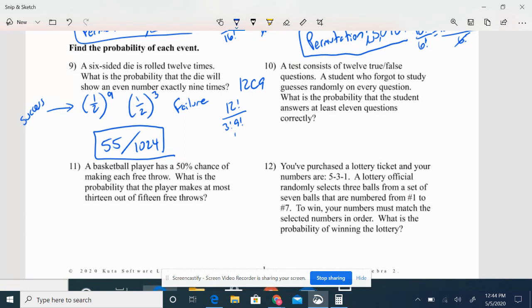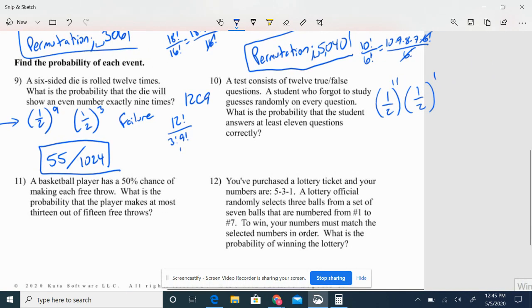What's the probability of success? What's the probability of true? 1/2. And the probability of failure is 1/2 as well. I wanted to succeed 11 times and fail 1 time.